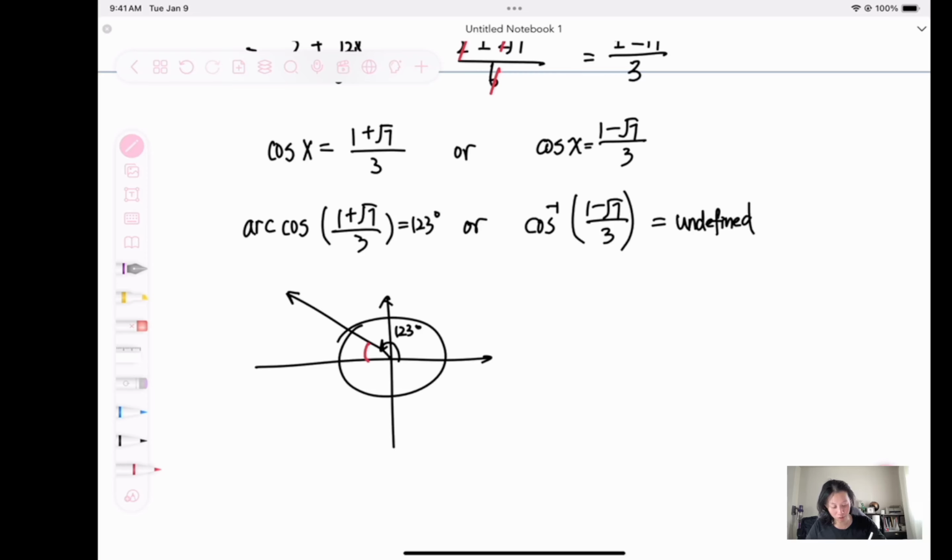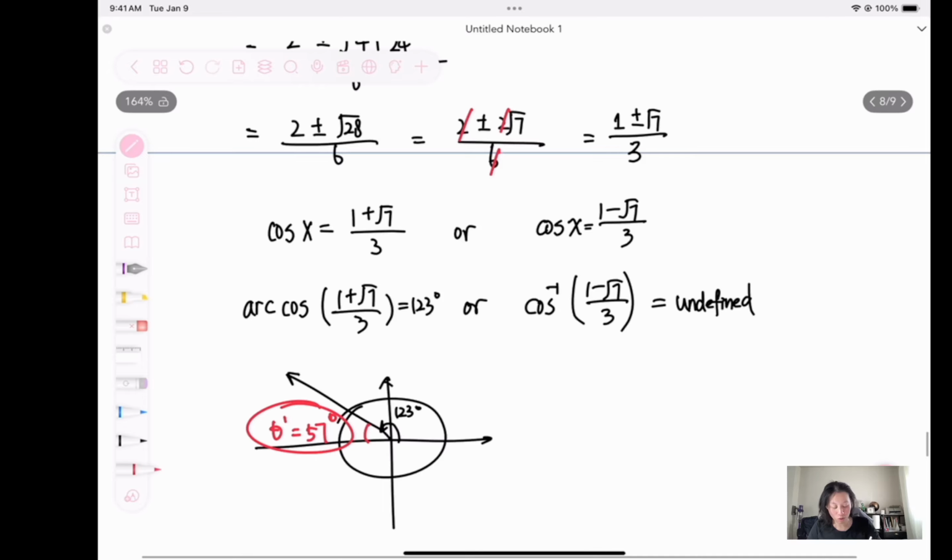So the reference angle, let's say theta prime, is equal to 180 degrees minus 123 degrees. That would be 57 degrees. So that helps us find it, but that's not done. The actual reference angle is 57 degrees.